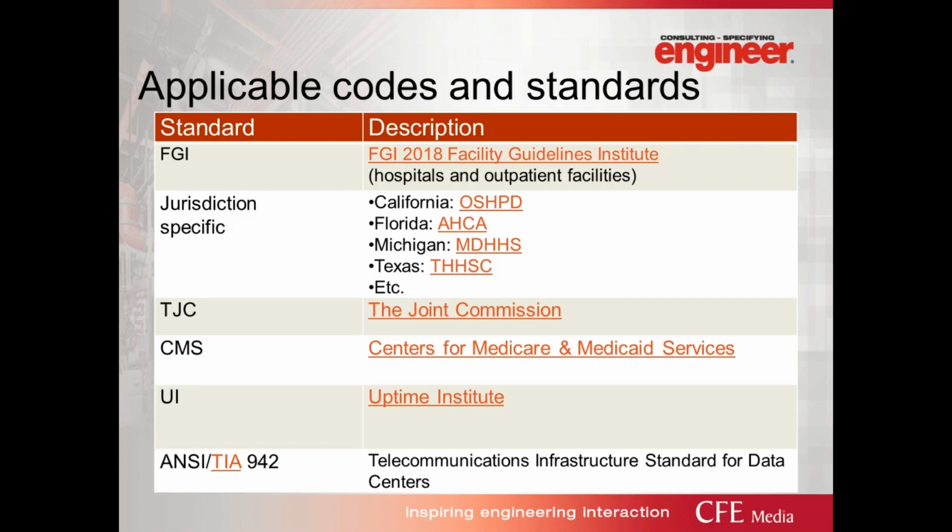Hospital designers must also be aware of Joint Commission and CMS requirements, which are the nation's oldest and largest accrediting and reimbursement bodies in healthcare. And then specific to data centers, there's the Uptime Institute and ANSI TIA 942 standard, which is the telecommunications infrastructure standard for data centers. All right, enough with the boring stuff.